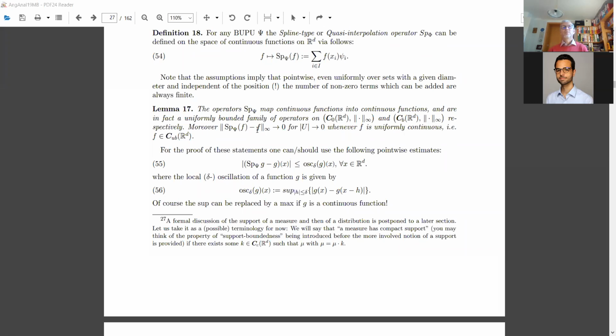But this is just a mathematical formulation for the statement that you have in lemma 17. That means whenever you have a fixed input, you have convergence. And the convergence is, again, not in the sense of a sequence, but it says, whenever you have good quality, the approximation will be a good approximation.